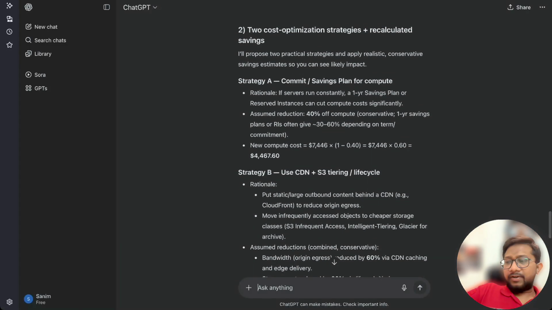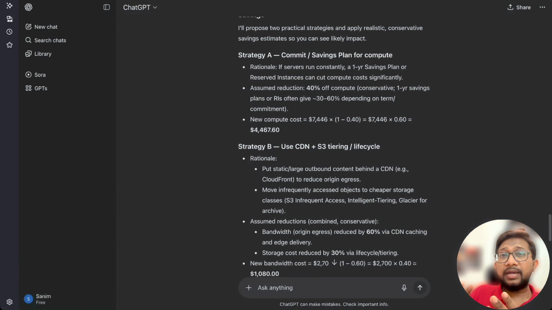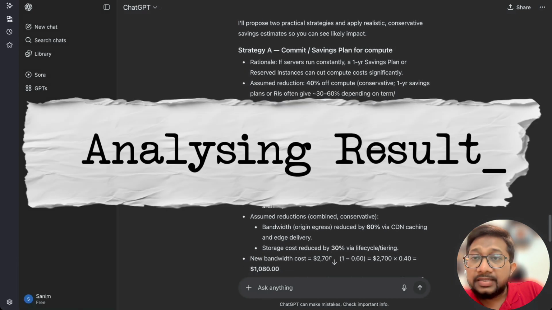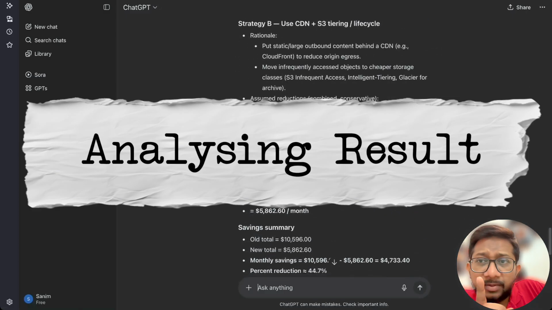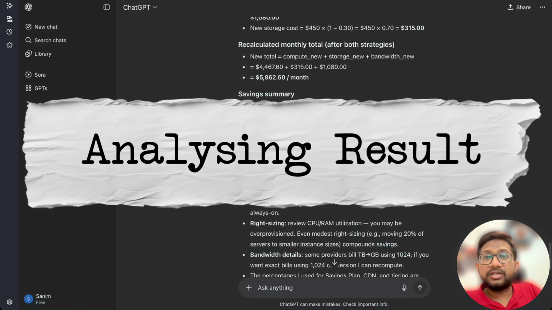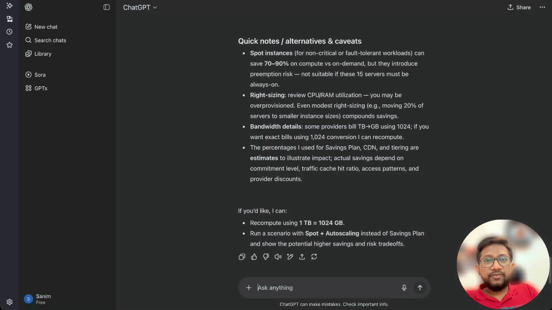From the reply, the first thing I noticed, it's being explicit about its assumptions. So my verdict is excellent mathematical reasoning with clear assumptions and practical optimization strategies.